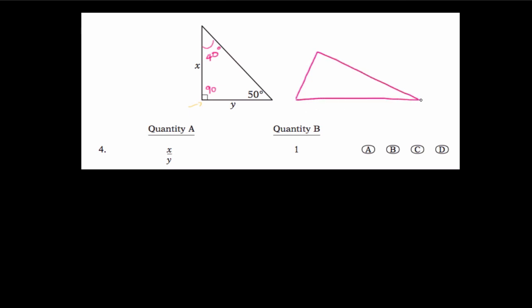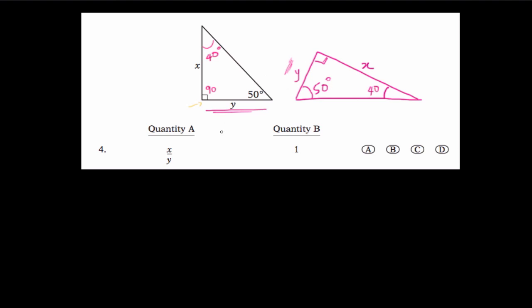This side here is y, and this angle is 90 degrees. If this is y, then this long side here is x. And if this is 90, then the angle here is 50 degrees, and the angle here is 40 degrees.